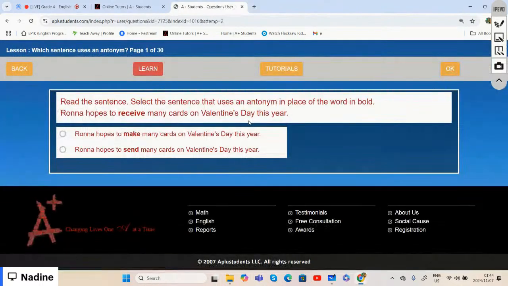So let us quickly go to our test. We need to replace that word. It says, Rana hopes to receive many cards on Valentine's Day.